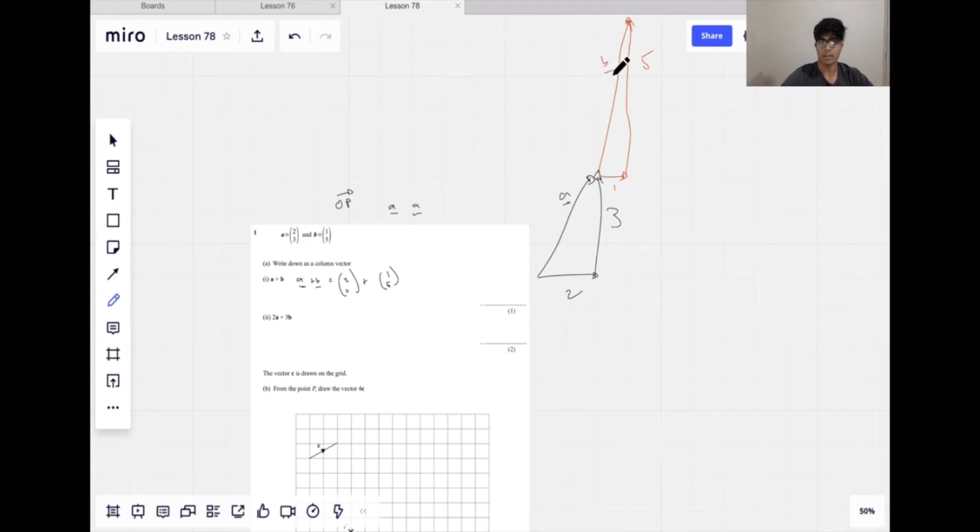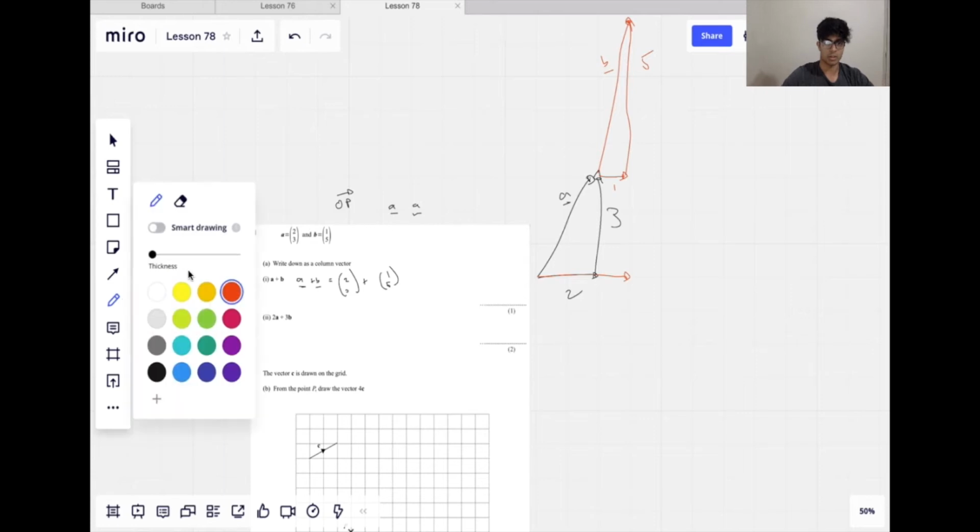And that's B. So we think about what A plus B would be. We do what A does and B. So instead of going 2 along, then 3 up, then 1 along, and then 5 up, we can go 2 along, then 1 along, and then 3 up and 5 up. So we can just do this in one thing.